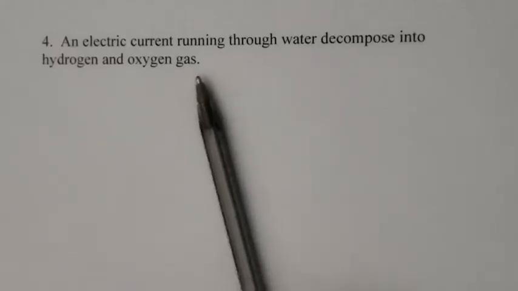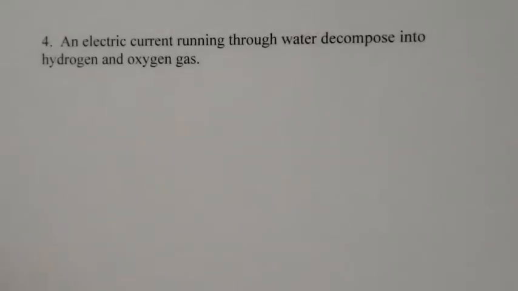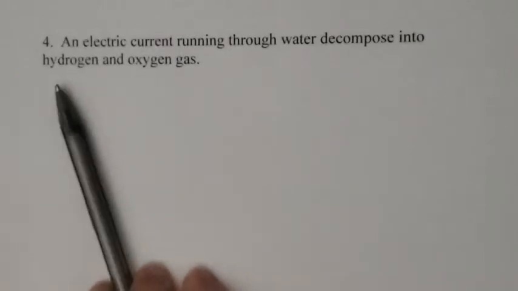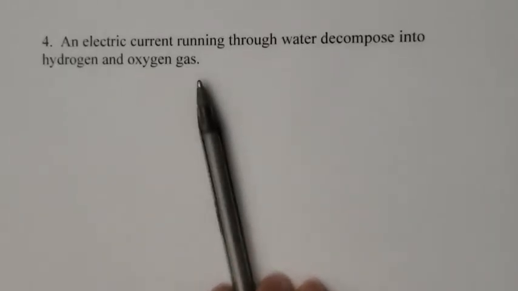For our fourth example of decomposition, I want to write out a balanced equation. So we're going to start with this one. It says an electric current running through water decomposes into hydrogen and oxygen gas. So electric current, that's actually energy.